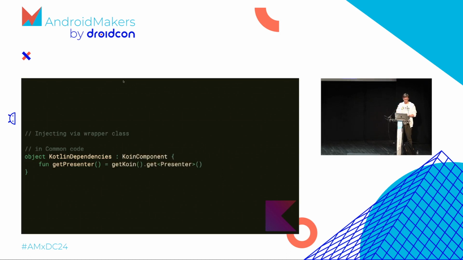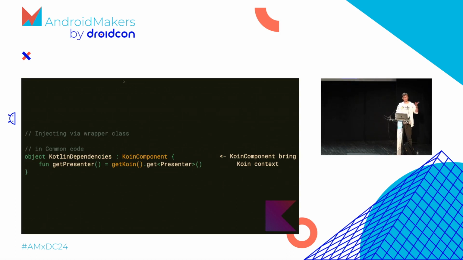And for example, we want our presenter. For this class, you need to use an interface marker from Koin that is KoinComponent. KoinComponent will bring to a class your Koin context. And then in this case, Kotlin dependency will unlock your capacity to use getKoin, get by presenter.